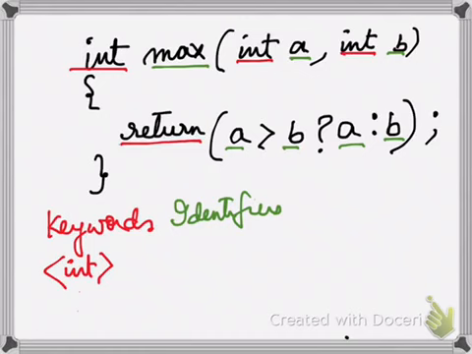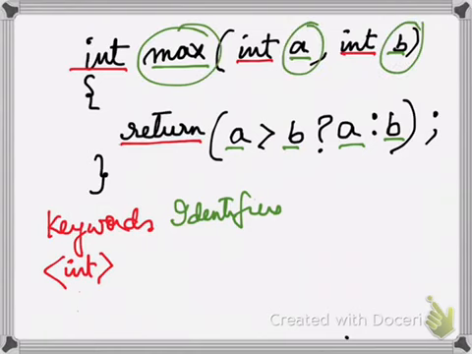So all of these are identifiers. There will be one entry for each identifier in the symbol table: one entry for max, one for a, and one for b. Even though a and b appear again, there will be only one entry for a and b. But we will have individual tokens for each of the occurrences of a and b.